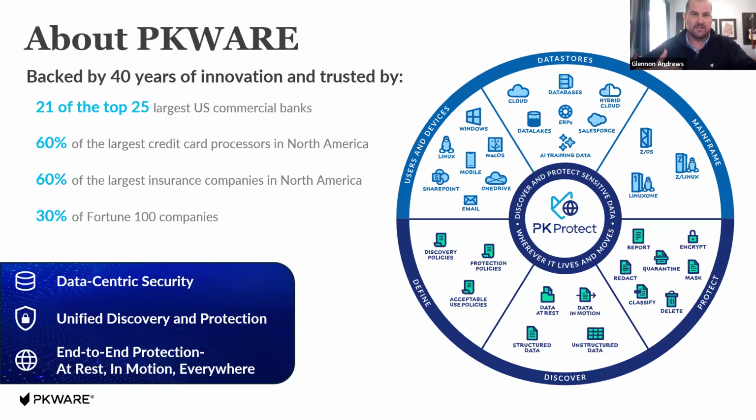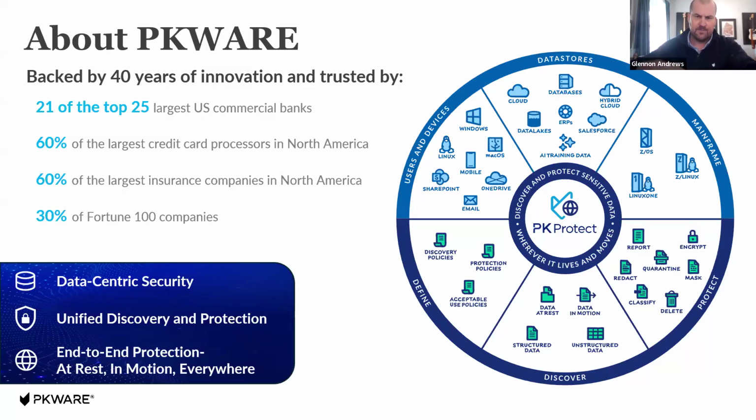We're going to do discovery and protection there. We're also going to do that on large data stores. So think about your AWS buckets or your Oracle and SQL databases, cloud repositories, data lakes, AI environments, those kinds of locations with both structured and unstructured data. And then on the mainframe, we also do it there. This could be huge transaction volumes. We are an IBM partner and have worked with the mainframe, and that's been a core point of our offering for decades now.